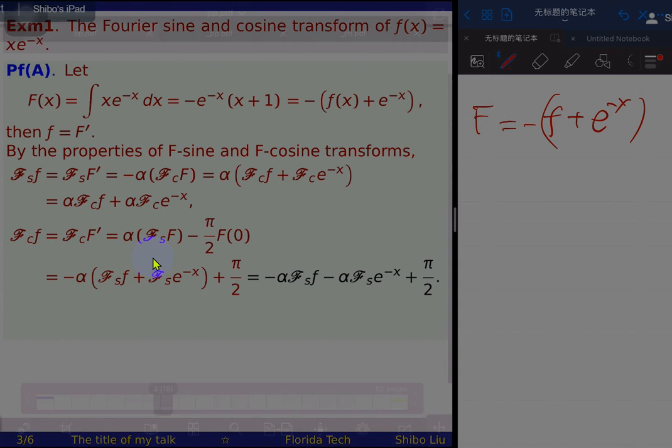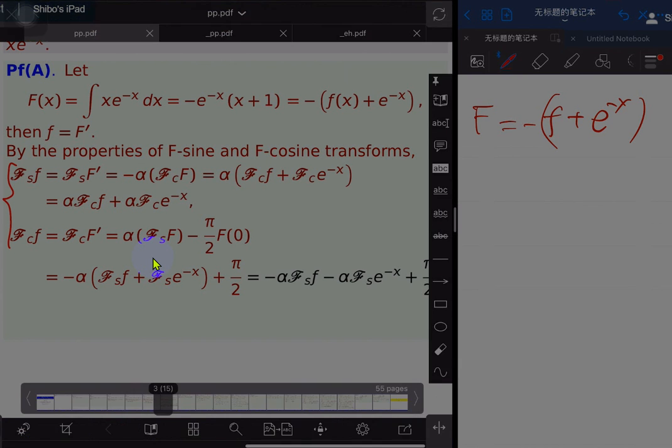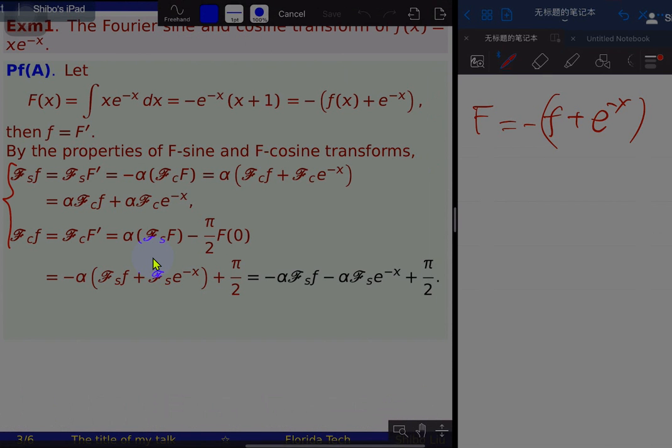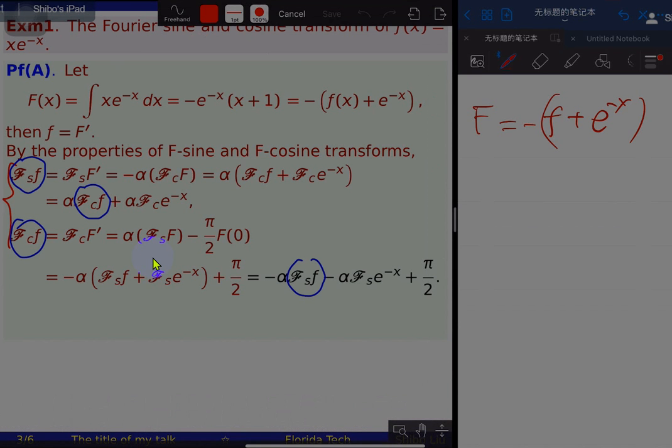Now we obtain these equations. In these equations we have 2 unknowns: the Fourier sine applied to f and the Fourier cosine applied to f. But we know the result of the Fourier sine and the Fourier cosine applied to the exponential.